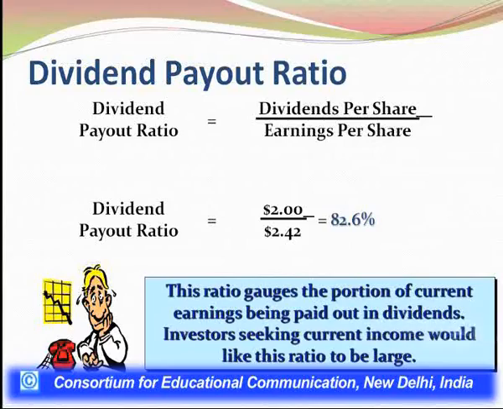There are many models to discuss that, which I am excluding, as this is not in the ambit of the topic under study. We are just saying that this company has been paying a good percentage of earnings per share, distributing 82.6% of the earnings in the form of dividend, right?